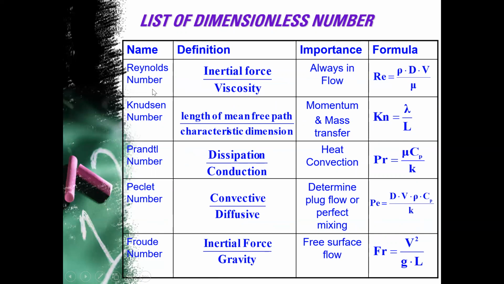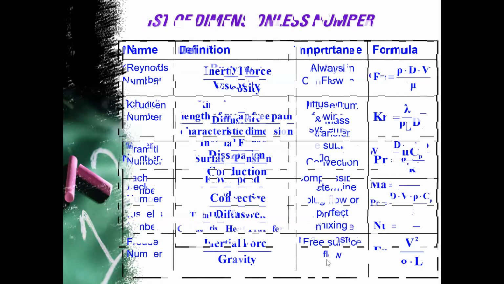For example, the Reynolds number is used in the fluid mechanics topic. For mass transfer, we have the Knudsen number, right? And then all these are under heat transfer. This is a fluid mechanics number, the Peclet number, right? This one is also in the fluid mechanics topic.